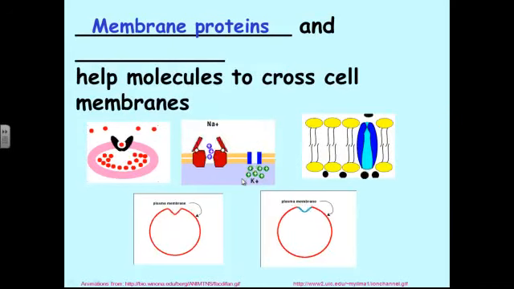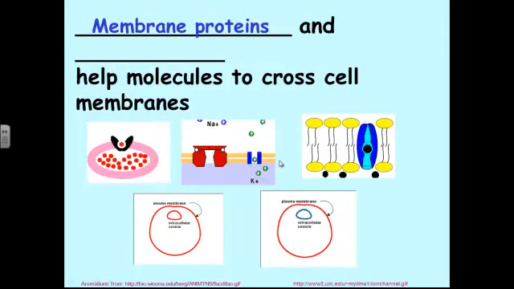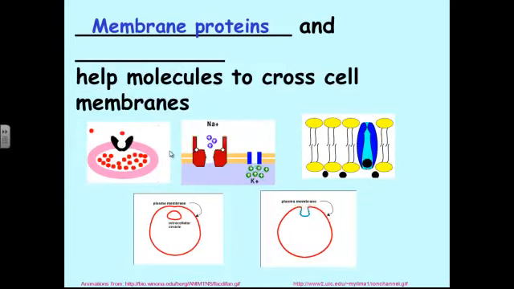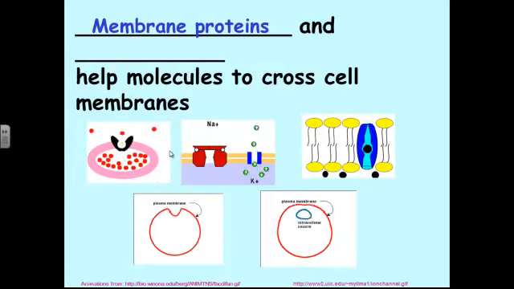So if you look at this first little pink animation here, the pink is the cell membrane. The little black structure here in the cell membrane is acting like a little doorway, kind of like a little revolving door to move molecules from one side of the membrane to the other. That little mover, the transporter, is a membrane protein.